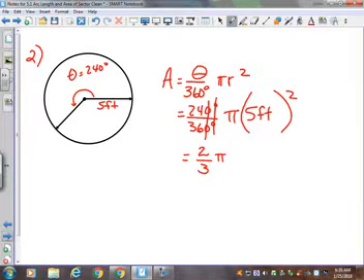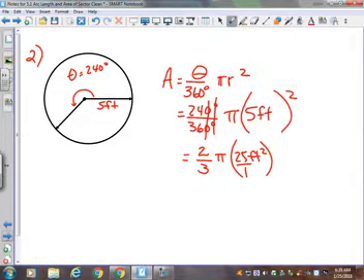Then we have a pi. Then 5 feet quantity squared is going to be 25 feet squared. Now our idea is to multiply 2/3 times 25. So think of putting a 1 under the 25. And you have two options on multiplying fractions.